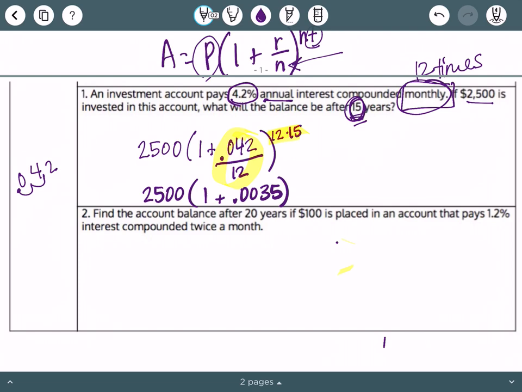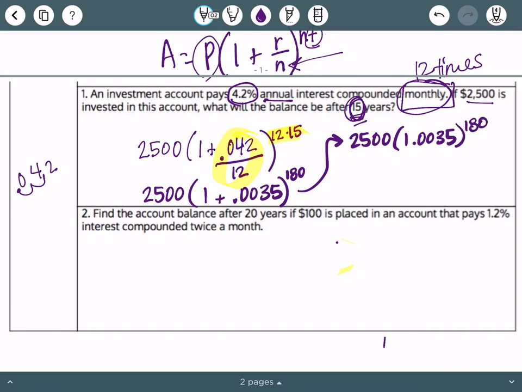Right, and then I also know I can calculate that exponent, 12 times 15 in my calculator, which I know is 180. From there, this is exactly like yesterday. I could type it all in. I can do 2500 times 1.0035 to the power of 180.